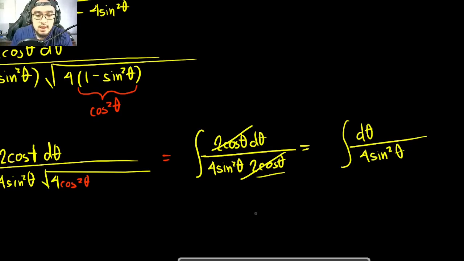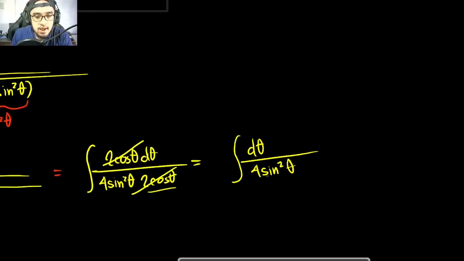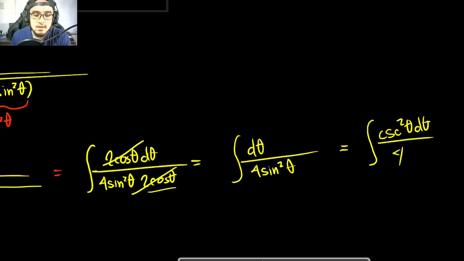And as you can see in this part, this can be rewritten as the integral of cosecant squared theta d theta divided by 4, since using your trigonometric identities, 1 divided by sine squared theta is basically equal to cosecant squared theta.